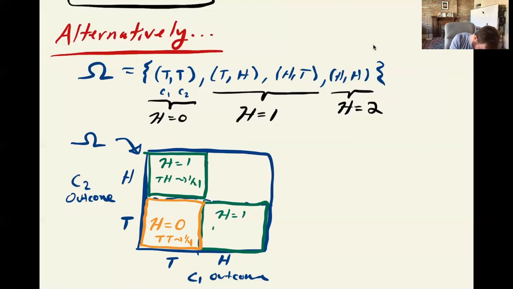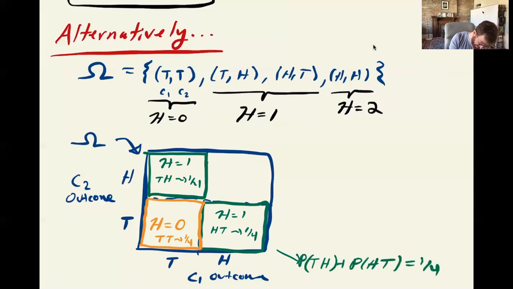This is heads, tails. This is a probability of a fourth. And so by summing these, tail heads plus head tails, I get a half. And then I also have this probability here. So that's a nice visualization.